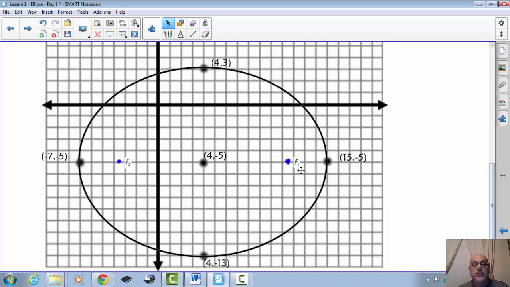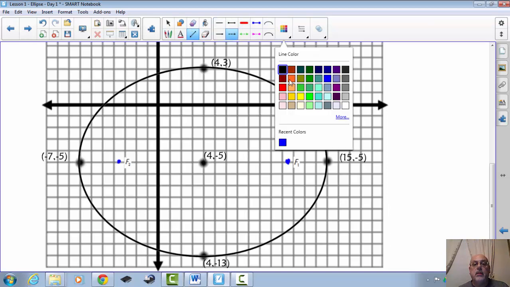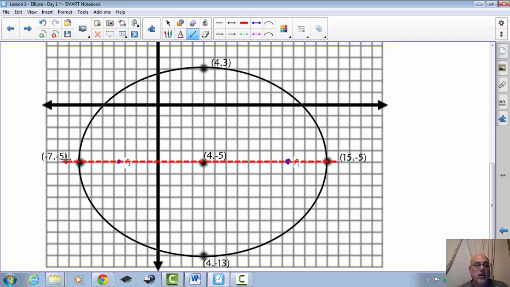So once you've drawn the 2 focus points and the 4 vertices, you can then draw a smooth curve and connect the 4 vertices. So if we were to look at the 2 axes of symmetry here, one is going to go left and right through the center and through the 2 vertices and through the 2 focus points.